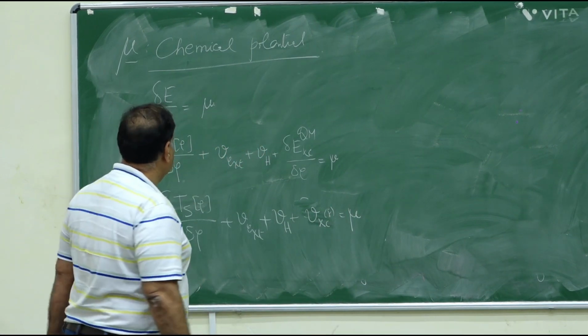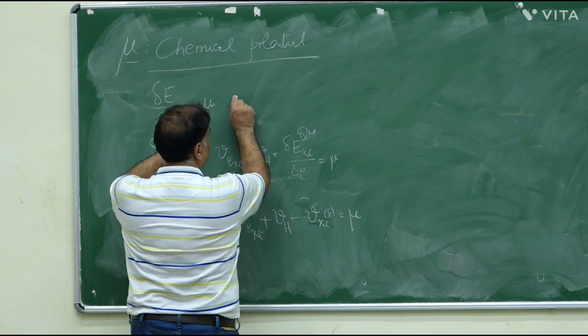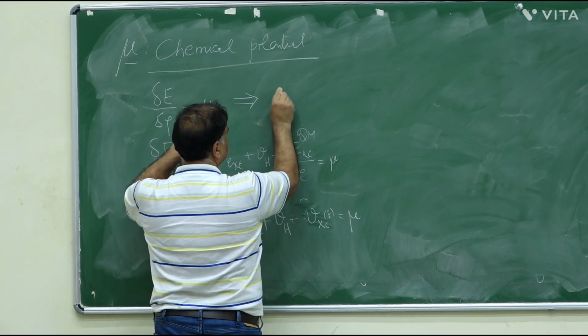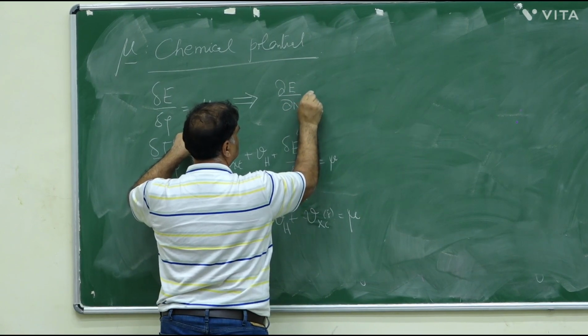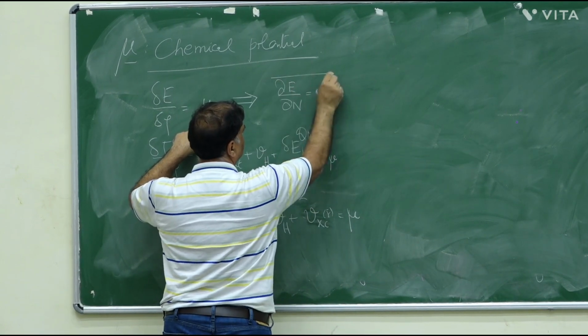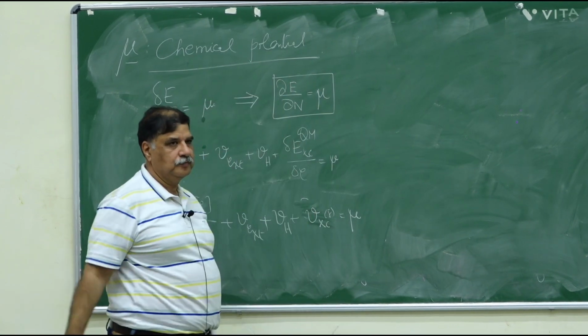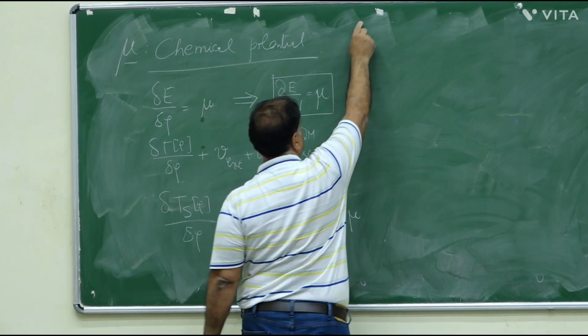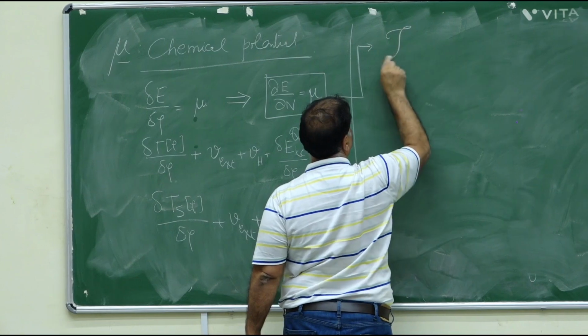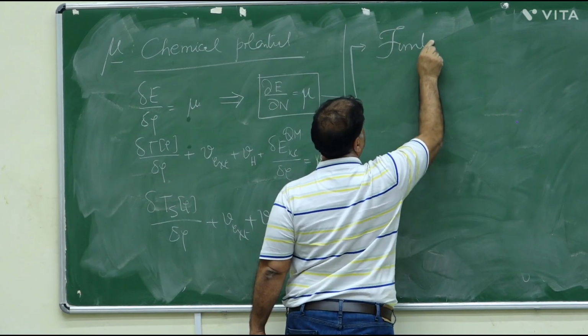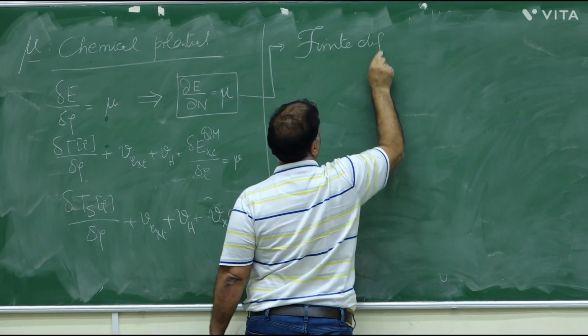Okay? The starting point is this, and I just showed you earlier that this means partial E over partial N is mu. Right? And what I showed you earlier through this is that I showed you three finite difference formulas.